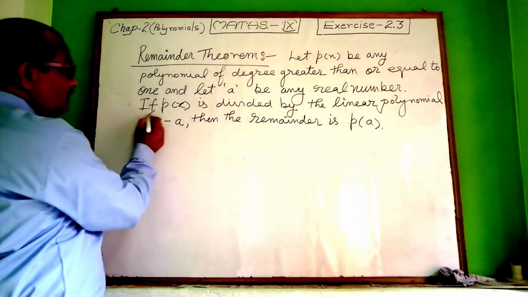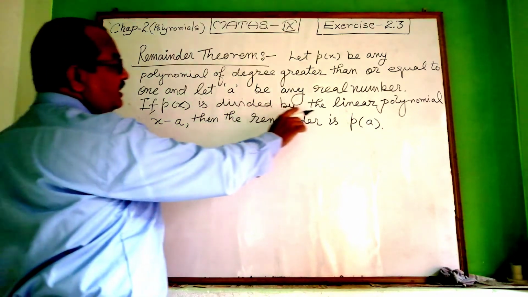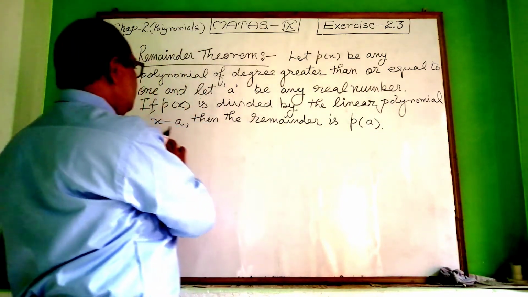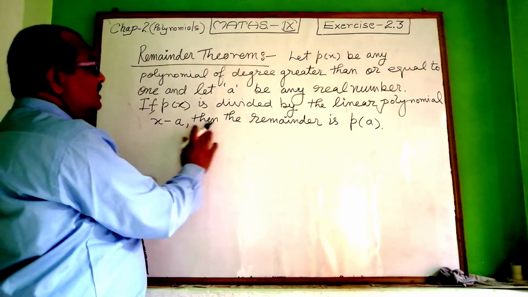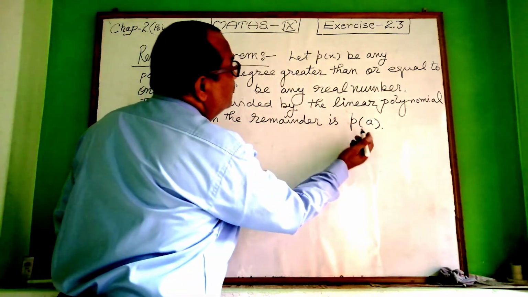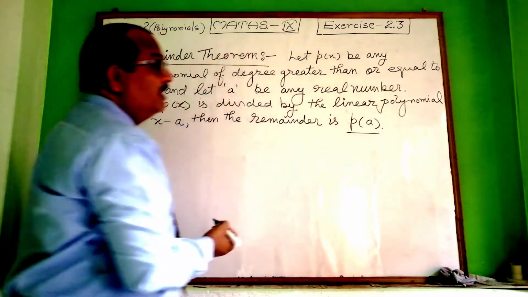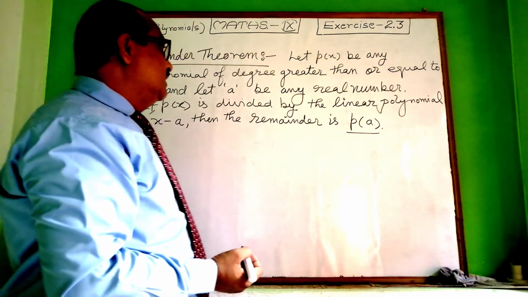So if p(x) is divided by the linear polynomial x minus a, then the remainder will be p(a). Same activity I have performed today.